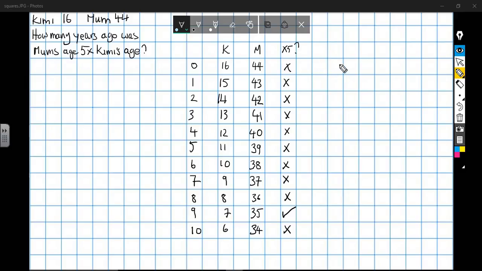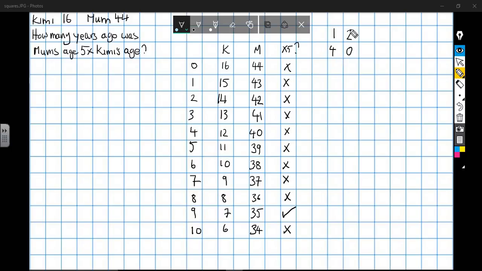Imagine in my first guess, I'm going to think 4 years ago. 44 minus 4 is 40, and 16 minus 4 is 12. So their ages are 12 and 40.